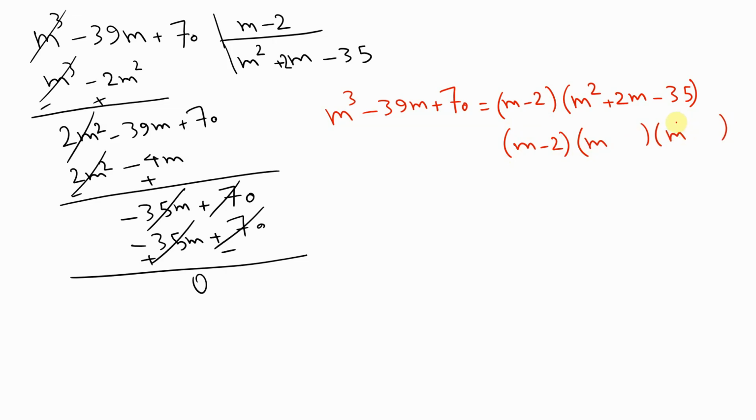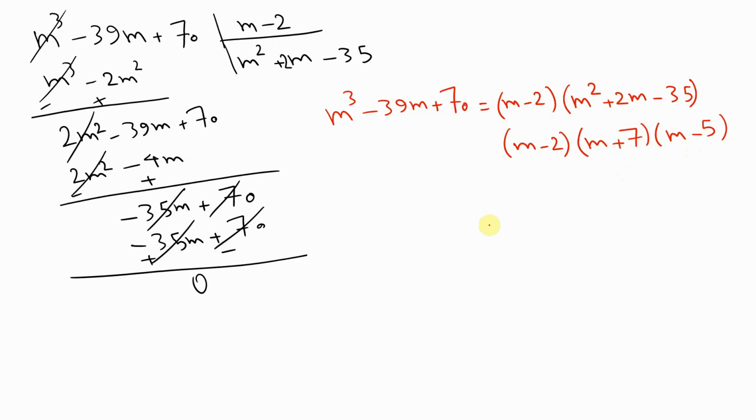So find two numbers whose summation or difference is equal to plus 2 and whose multiplication is minus 35. Probably 7 times 5 is 35, but their signs have to be different because this is a minus, so one of them is negative and the other is positive. Which one is negative, which one is positive? Because the summation is plus 2, the bigger one is plus 7 and minus 5.